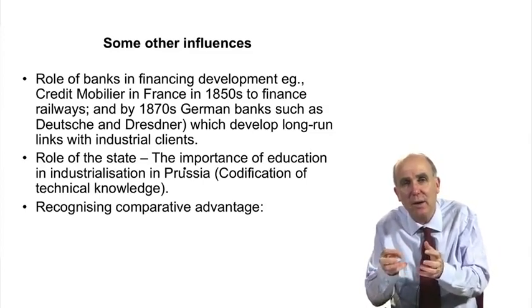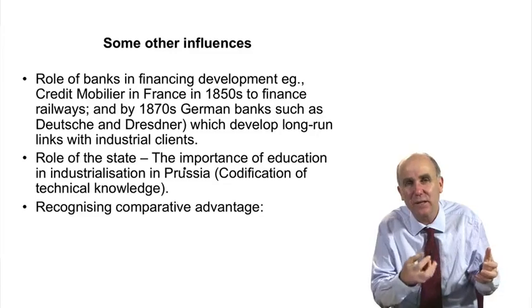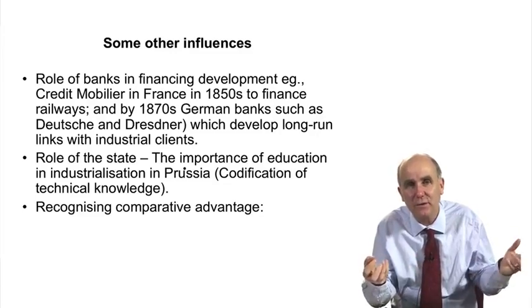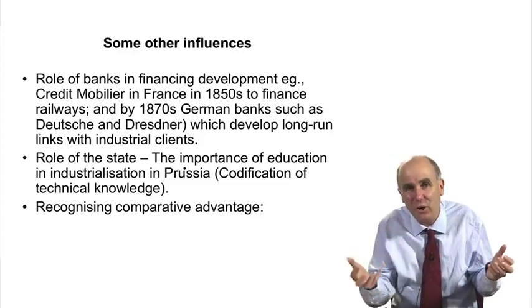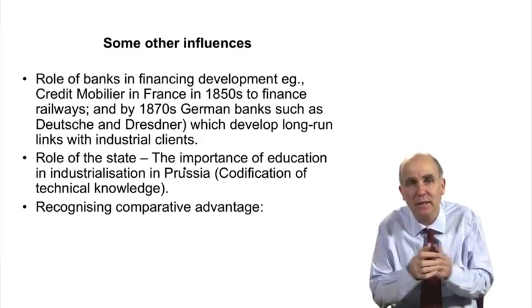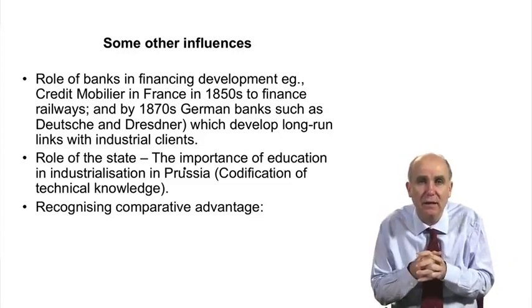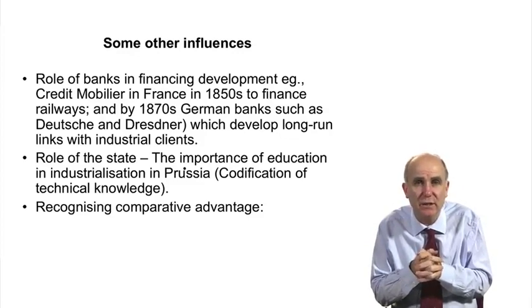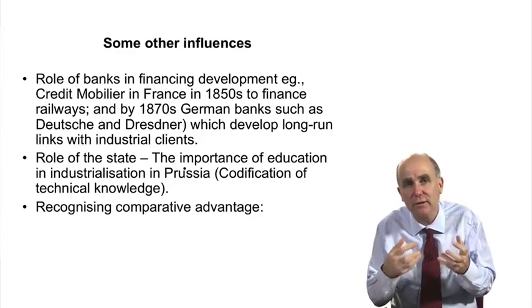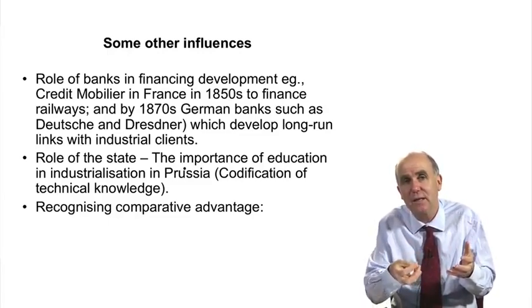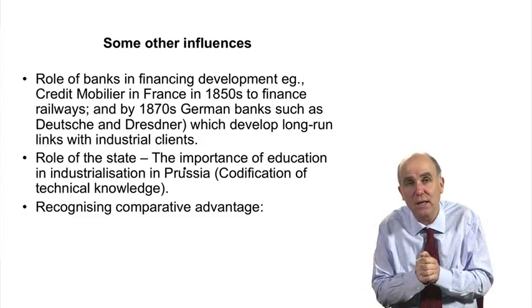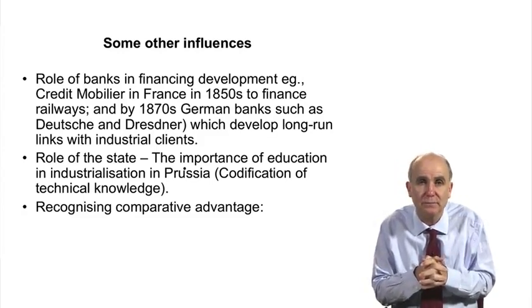And so that means, whereas education doesn't seem to have been a particularly important driver of the Industrial Revolution in Britain, it does become, because the knowledge is now codified, a more important driver of industrialisation in continental Europe. And for example, there's been some nice empirical analysis done of the relationship between education and industrialisation in Prussia, showing that regions where literacy standards were higher were regions where there was a greater amount of industrialisation able to occur.